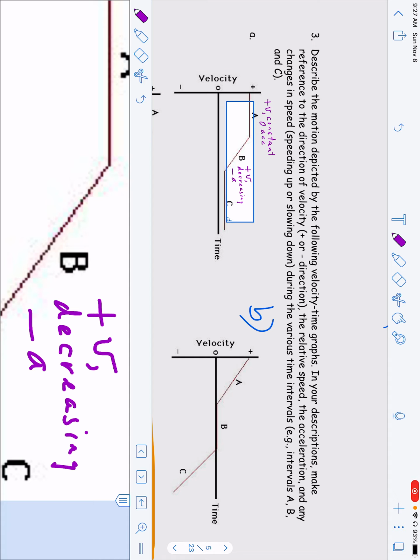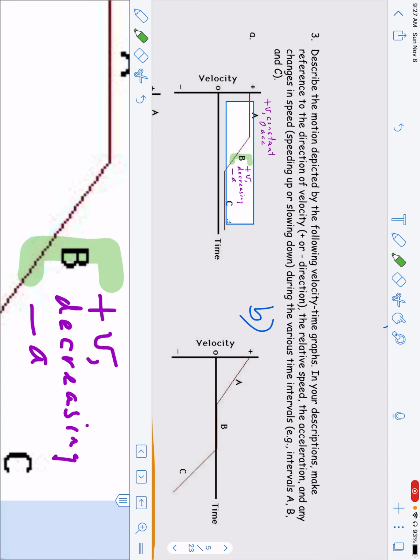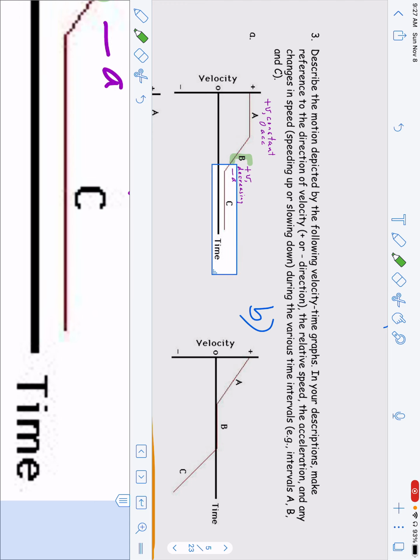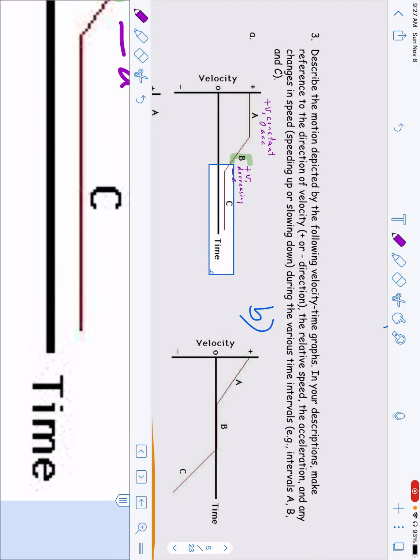Now, remember what we said? This is important for the test. If v and a have opposite signs, the speed will always be decreasing. So that's kind of a check. Then at C, it's the same thing as at A. We have positive velocity, but it's flat, so it's constant.